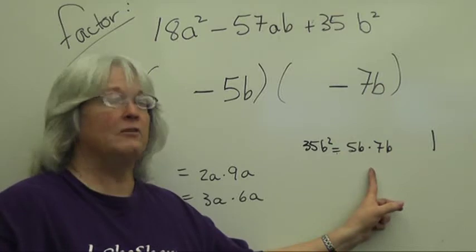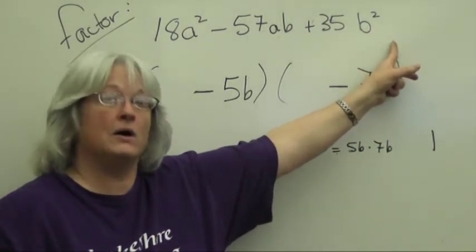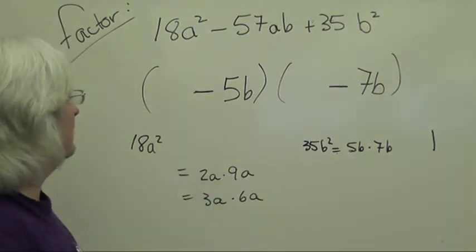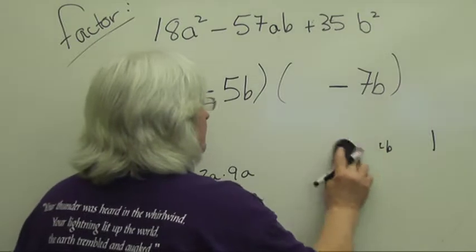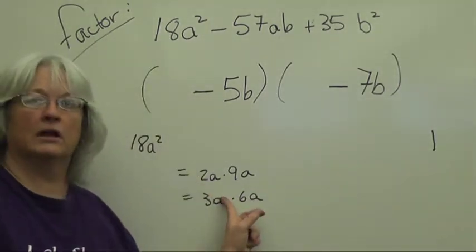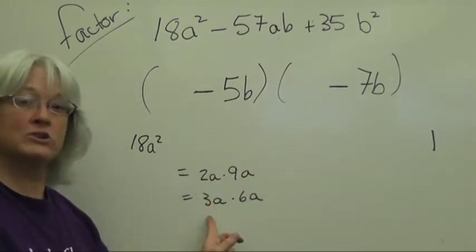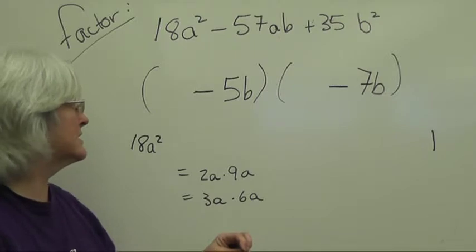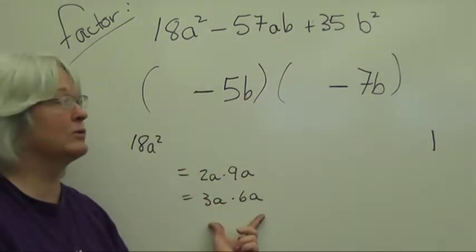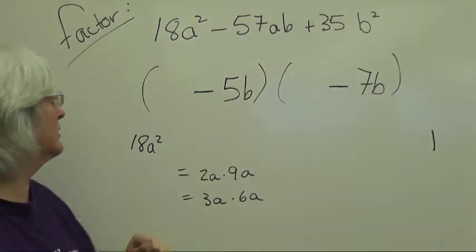We have a negative 5b times a negative 7b gives us a positive 35b squared. Now, what are we going to do for our first term? Well, 18a squared factors as 2a times 9a. It also factors as 3a times 6a. In all likelihood, some combination of these factors will give us the negative 57 that we're looking for.